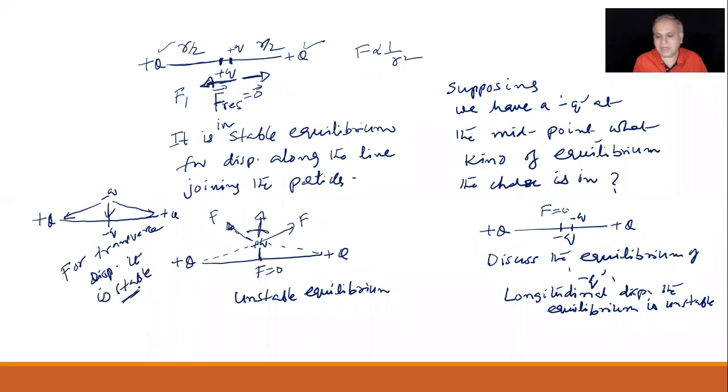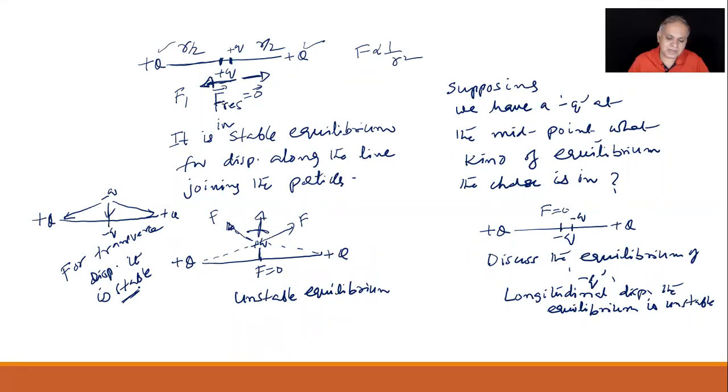So, can I believe that you people follow? Understood, sir. Devarchit? Yes, sir, I got it, sir. Rishita, one doubt. Please tell me. For the positive Q charge, why is transverse displacement unstable equilibrium?